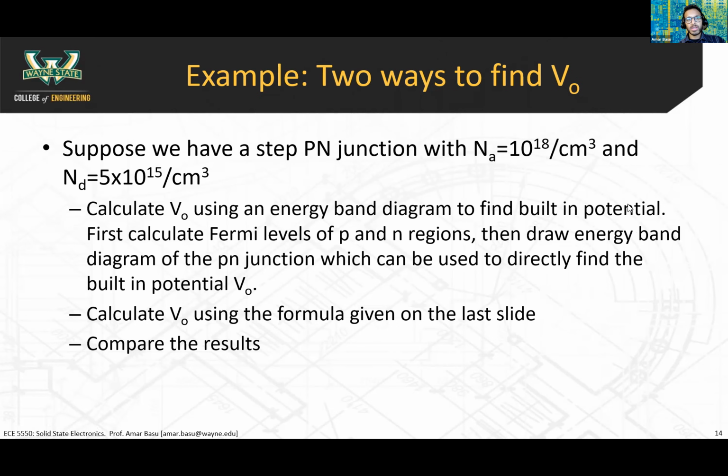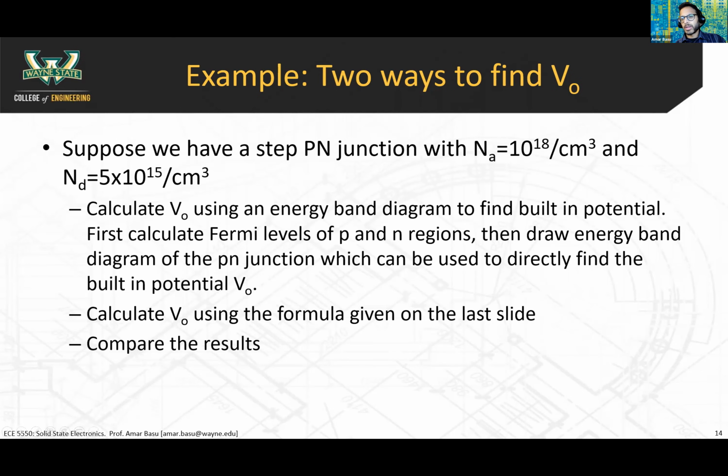I'd like to give you 5 minutes to do your respective calculations, and then we can go over. I want to see if the two numbers that the two groups get will match with each other. This is also just a good way to draw the energy band diagrams on your own and use the formulas.